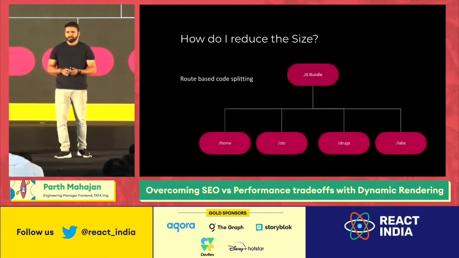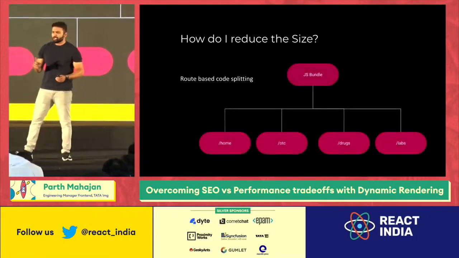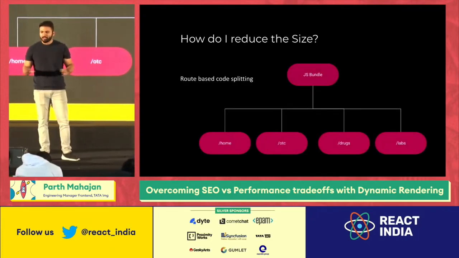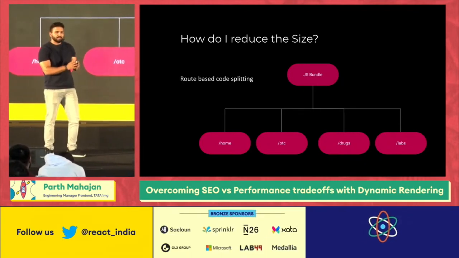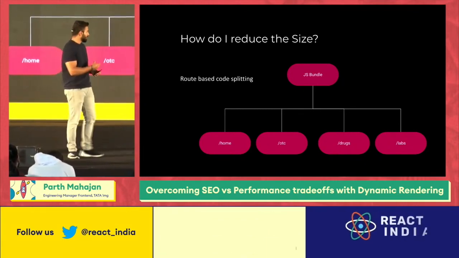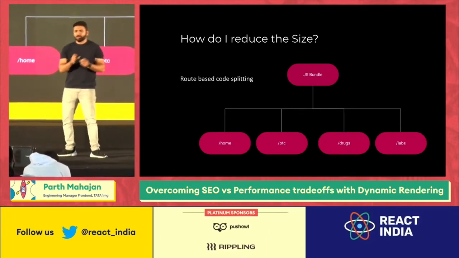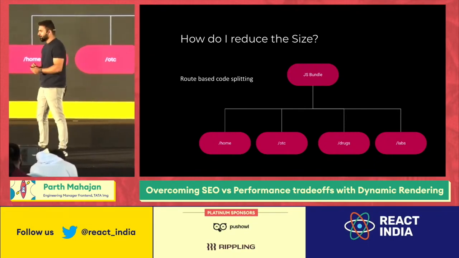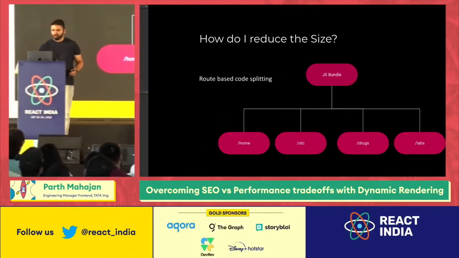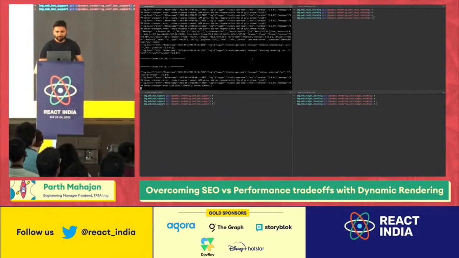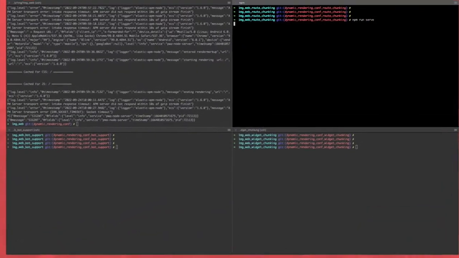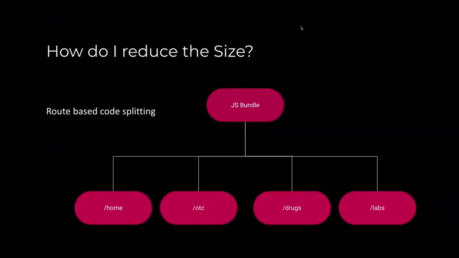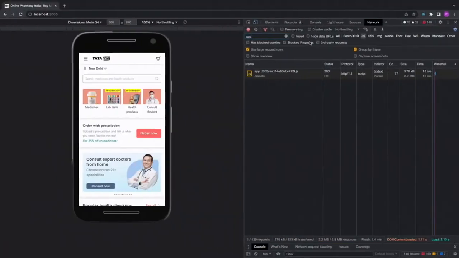I'll take this single JavaScript bundle and split it into multiple bundles for several pages. Each and every route, so if I'm on the home page, I'll get just the JavaScript and CSS for the home page, right? Similarly, if I'm on the OTC page and so on, I'll get just the JavaScript for that particular page. So I'll quickly run the route-based splitting and let's see how the reduction happens.